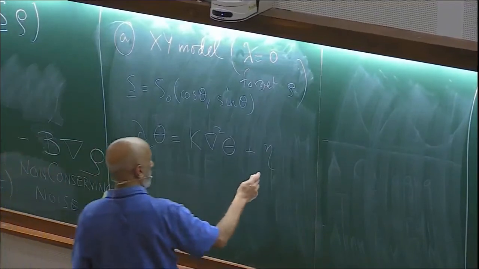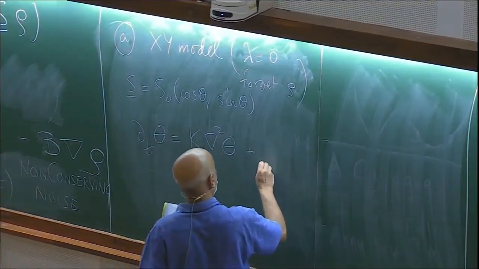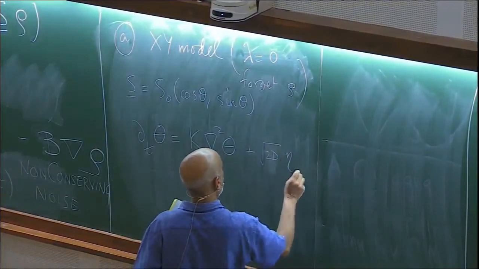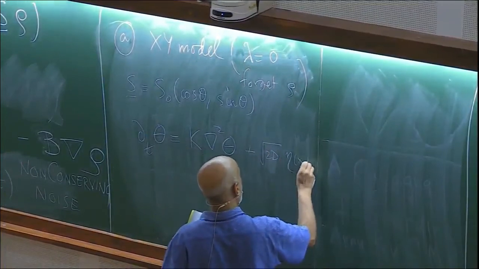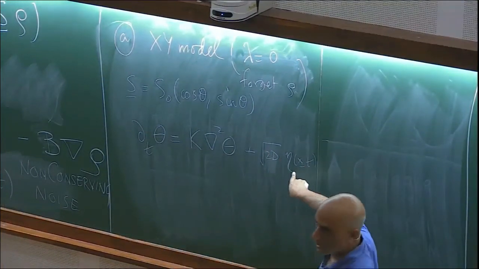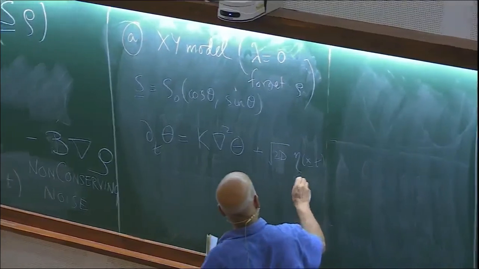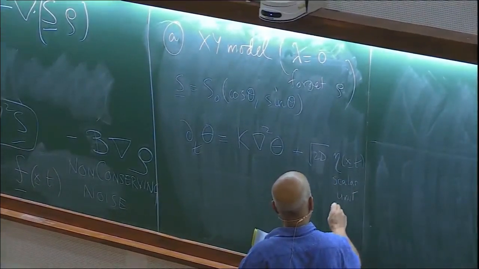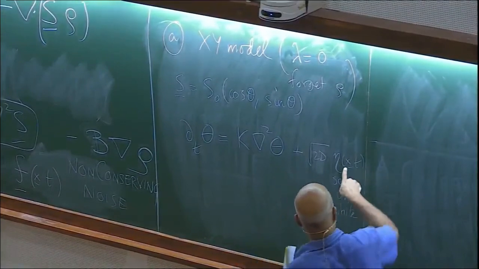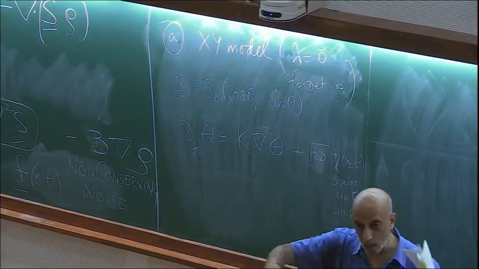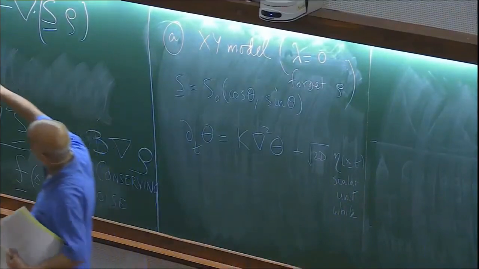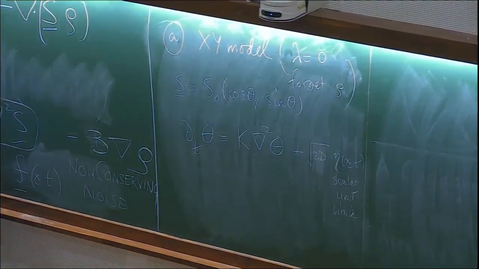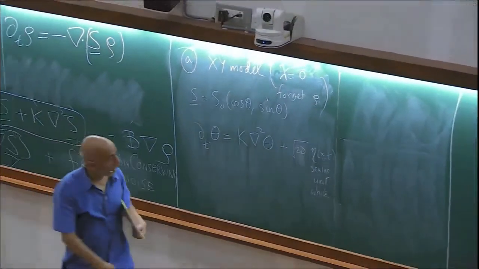will basically be, I can write this on. This is a scalar unit strength white noise. And it's white, it's a function of x and t, and it's white in space and time. Spatial and temporal correlation is delta. Okay?